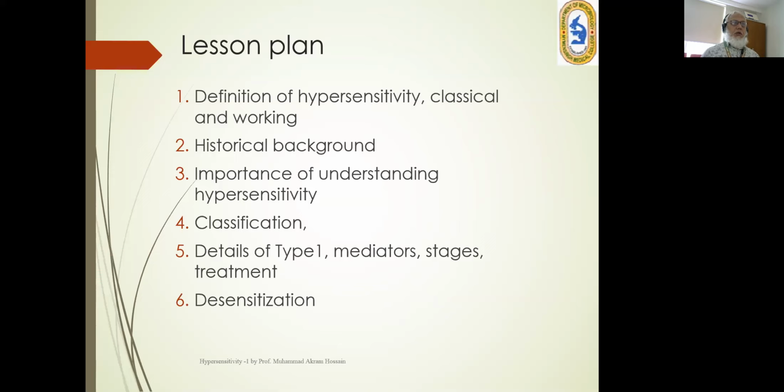Why we need to understand hypersensitivity, because many diseases, their pathophysiology depends on understanding hypersensitivity, autoimmune as well as microbial disease and even many diseases. Classification of hypersensitivity and details of type 1 hypersensitivity, mediators, stages, treatment, and desensitization, very important thing.